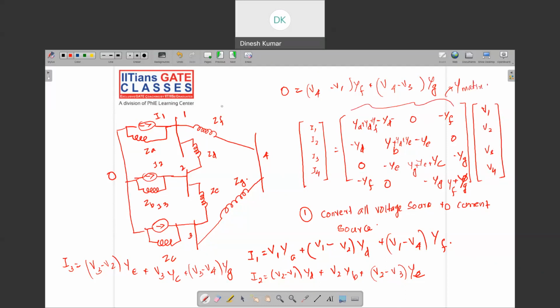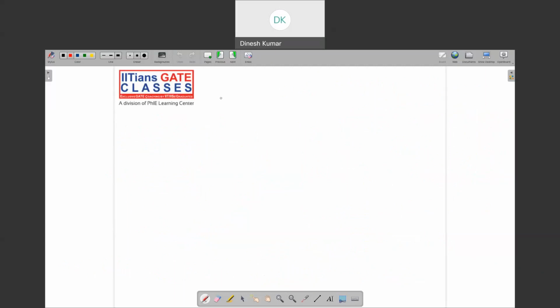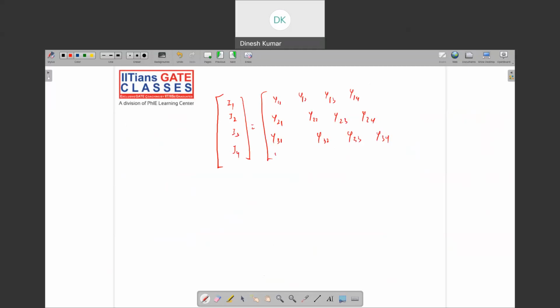So if you define what a Y matrix is, I will write it like this: I1, I2, I3, I4 equal to the matrix y11, y12, y13, y14, y21, y22, y23, y24, y31, y32, y33, y34, y41, y42, y43, y44, into V1, V2, V3, and V4.